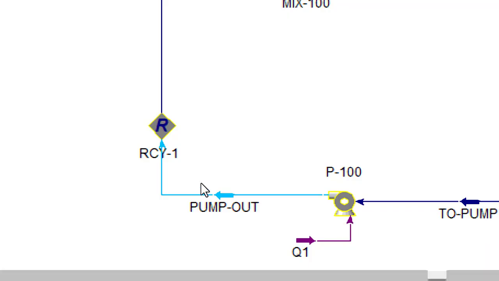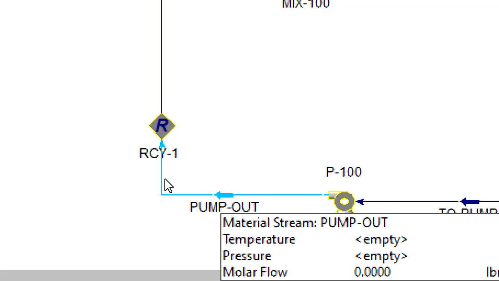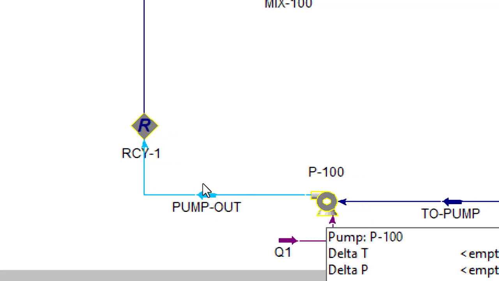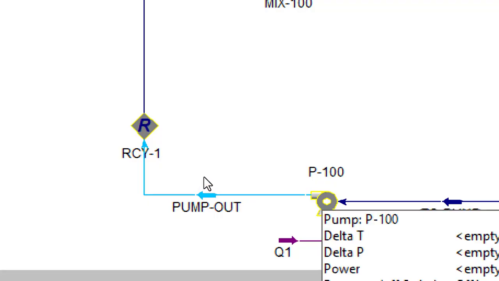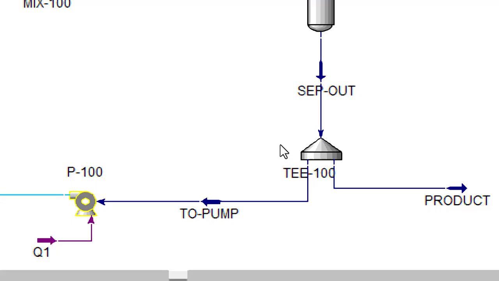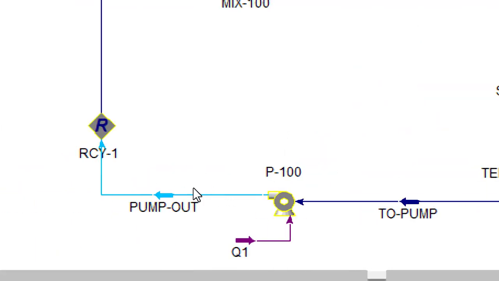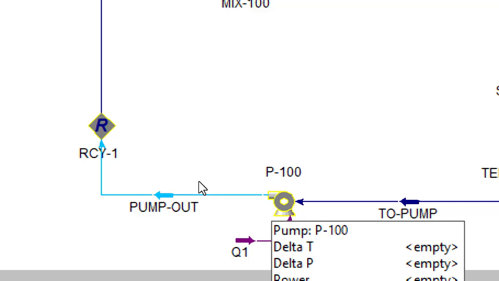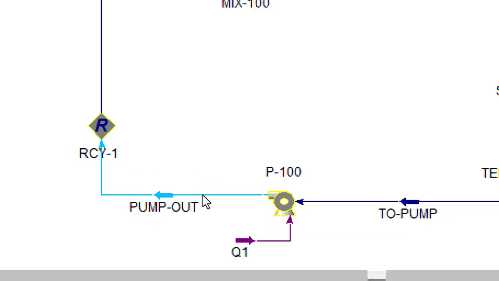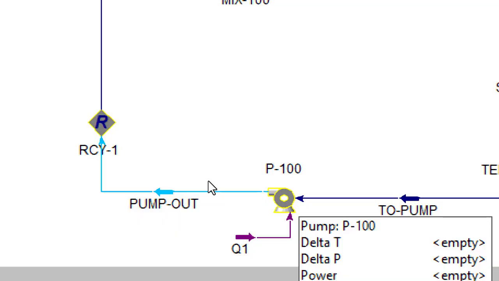One way to know is that the pump is on sky blue, not dark blue, and has a yellow stroke around it. All these other ones have a black stroke. So using the color notation, you will know that this equipment has not been fully defined.